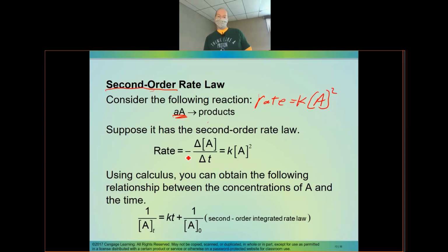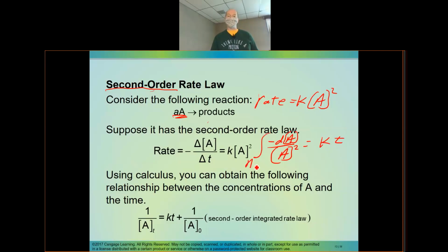All right, so we're going to look at the rate the same way. It's right here. So we look at the change in concentration of A, the disappearance of concentration of A over time. Then we're going to combine our like terms, and we're going to have negative dA over A squared. And that is equal to kt. And then we actually do the calculus.